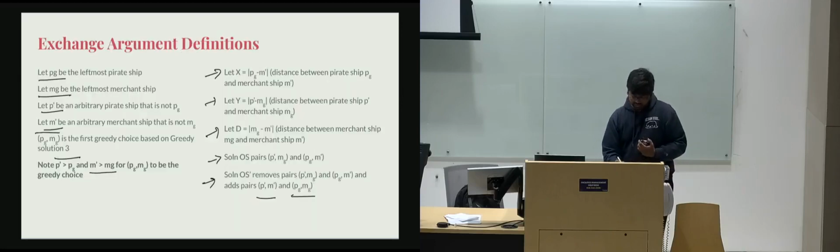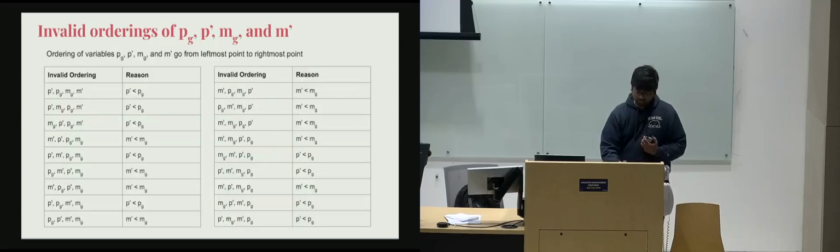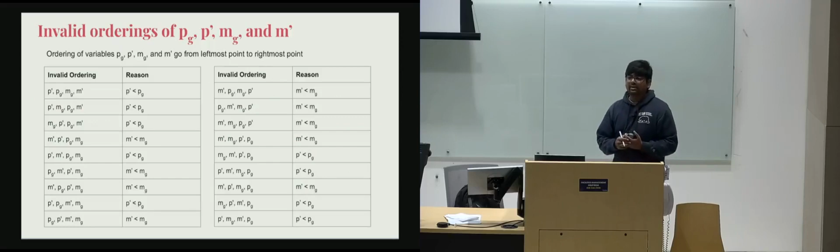So like we saw this property here, P prime has to be greater than the leftmost pirate ship and M prime has to be greater than the leftmost merchant ship. How many possible positions can you get for these variables?